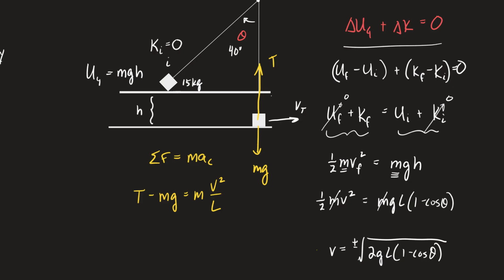I mean, we have an expression for velocity that will jump in right here. We have a lot of these kind of circle problems, and they're going to show up quite a bit.